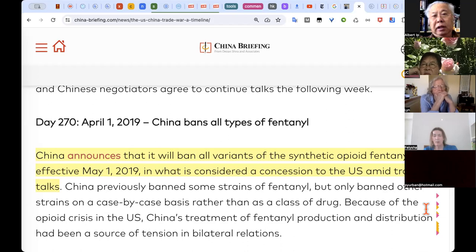But the problem is China doesn't have a fentanyl problem. China has very tight drug control. If you bring any drugs into China over, I think it's 5 grams, then you may face capital punishment. So fentanyl is not a Chinese problem. It's a purely American problem.